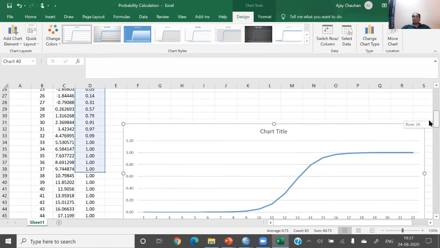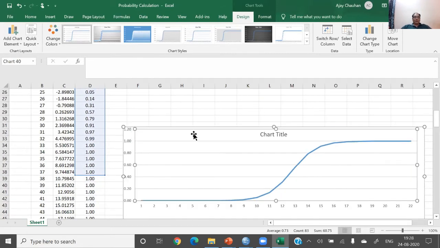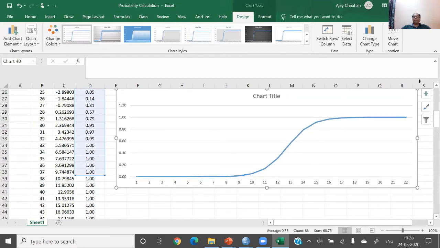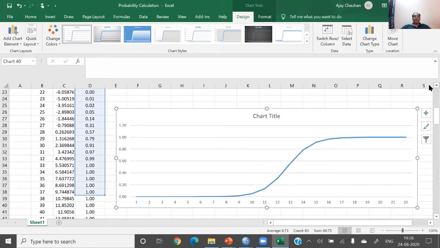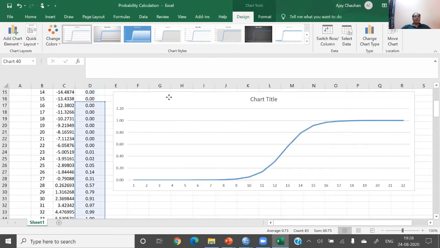Okay, so here you can see that I am able to find out the exact value of the probability. Now, how to conclude it, I am telling you. But let me show you this first. Let me reduce it to 25,000, 20,000. Okay, now what is my conclusion?